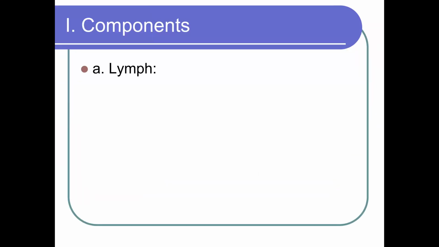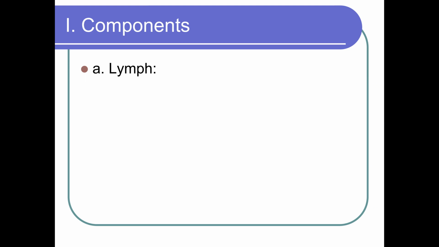Components of the lymphatic system, number one, the lymph. That is the fluid that's inside the lymphatic system, okay? Remember, we have fluid that's outside the lymphatic system. We have intravascular fluid, we have intracellular fluid, and we have extracellular fluid. Extracellular fluid is outside the cell, which would include the intravascular and the interstitial fluid.